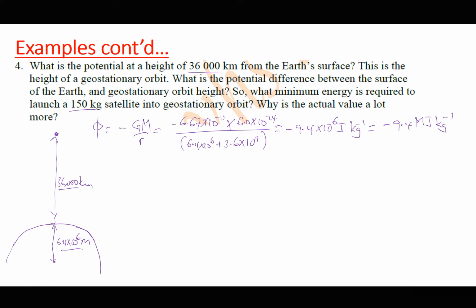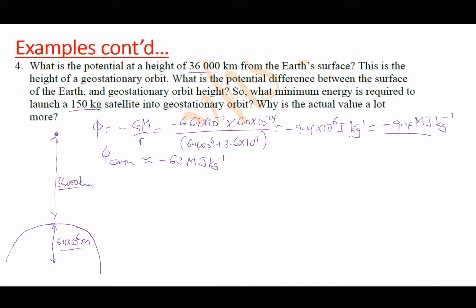Of course, in the previous example we obtained that the potential on the Earth's surface was approximately negative 63 megajoules per kilogram. Then the potential at that height is this. So the question is, what is the difference?